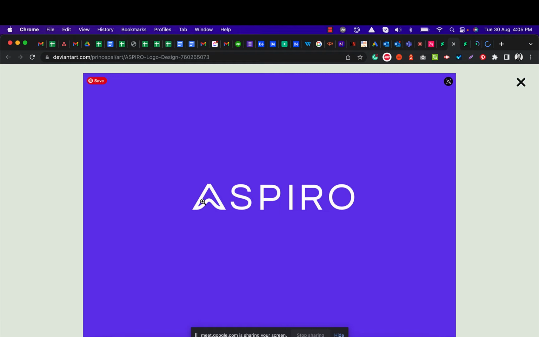So this is a logo, right? This is a design actually. I used A as a brand mark, and it's clearly communicating that this is an A, and it's in the shape of an arrow. An arrow is a symbol of progress, moving forward, or looking forward.